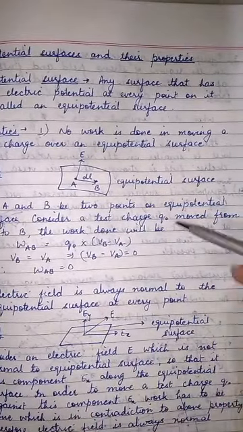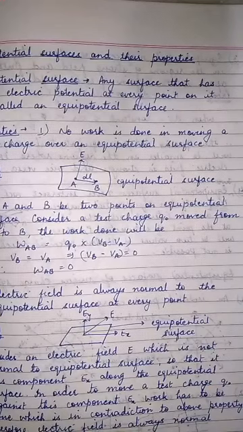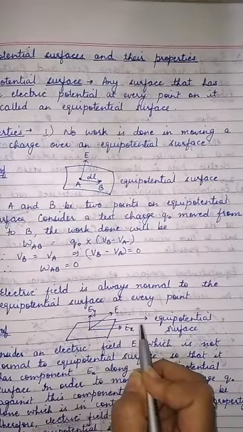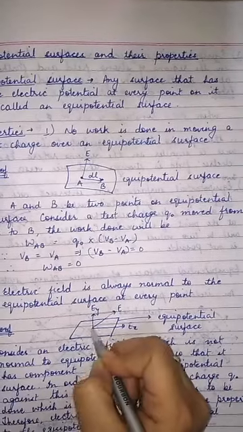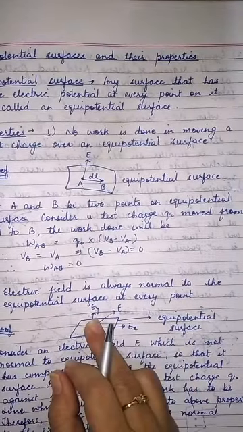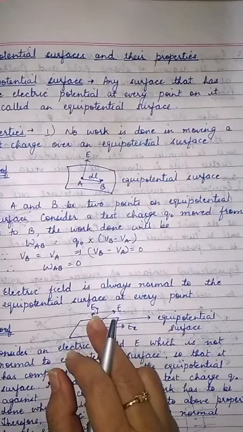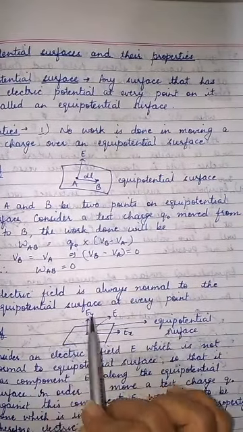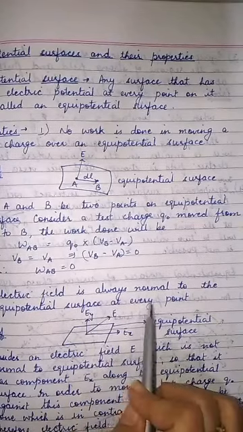So these 2 points contradict each other. So we can say that there is no component along the equipotential surface, there is only a component normal to the surface, that is EY. So the electric field is always normal to the equipotential surface at every point.